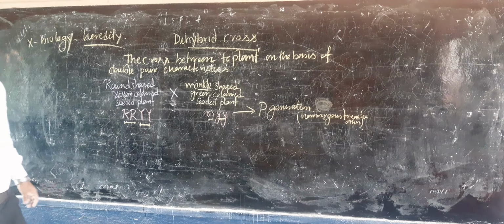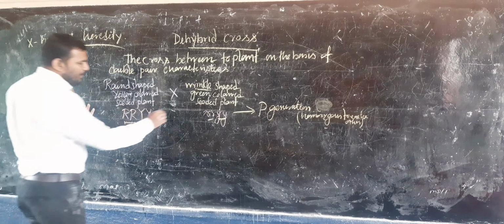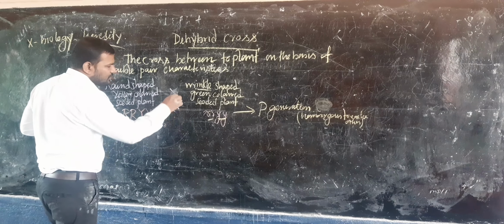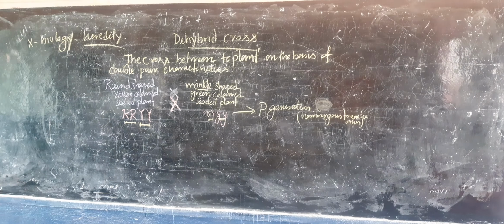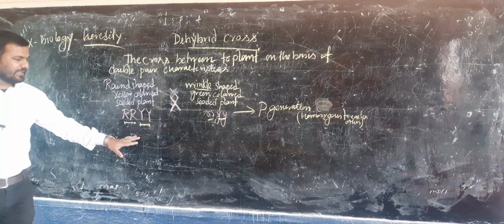Now we know that these organisms take part in the cross, so the cross occurs between the two. They will produce gametes, and during gamete formation meiosis will take place. According to Mendel's law, the genes are going to be separated.